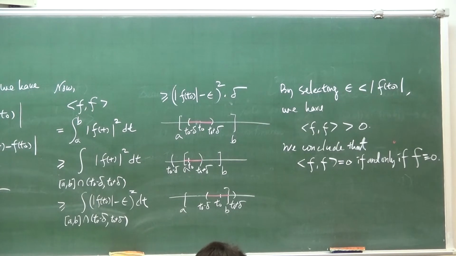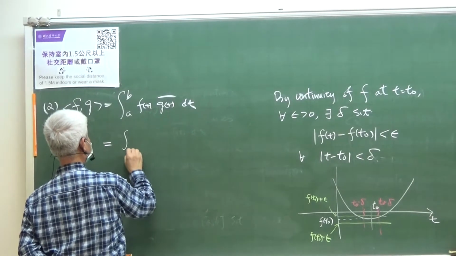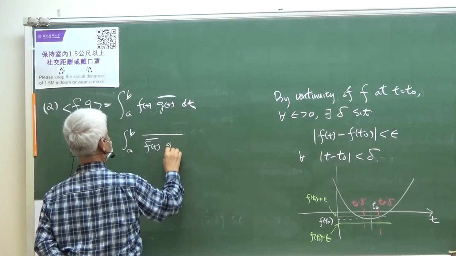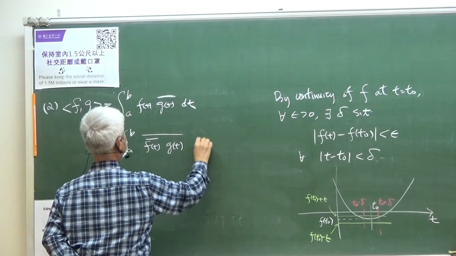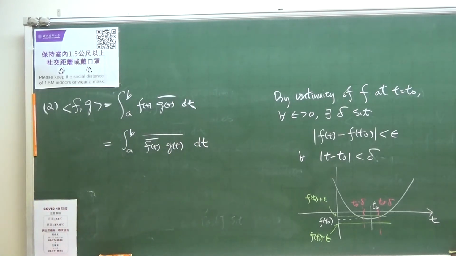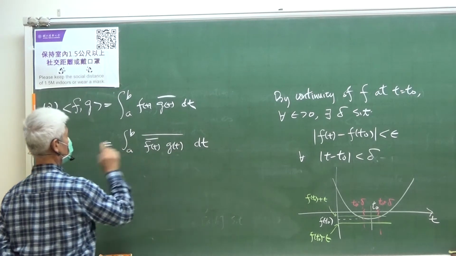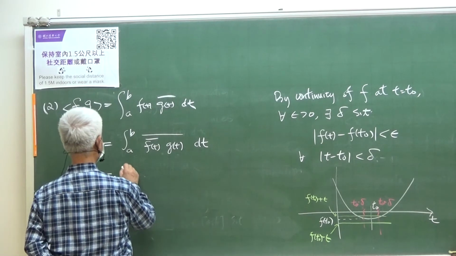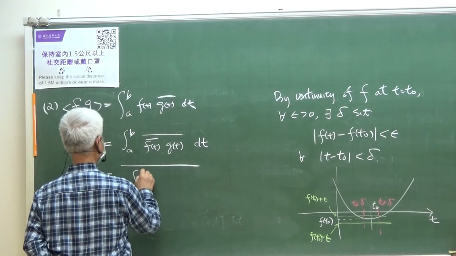So f of t, by definition, is the integral of f of t times g of t bar. Now if we take the bar over the product, then we can move the bar out of the integral.